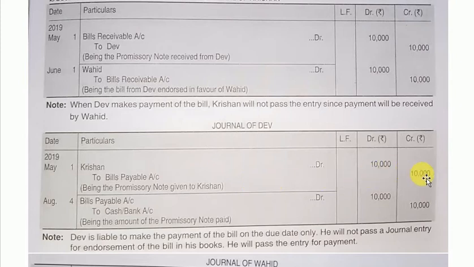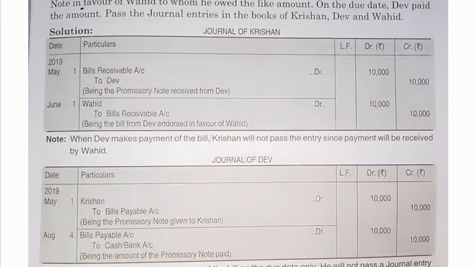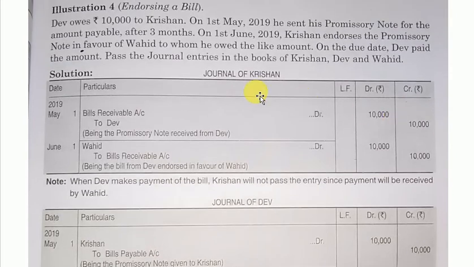So I think this is pretty clear because we have seen these entries in the last 2 illustrations also. Now what is different is the question says on 1st June 2019, Krishan endorses this promissory note, which we are considering as bill, in favor of Wahid, to whom he owed the like amount. So Wahid is a third party to whom Krishan has to pay the same amount.